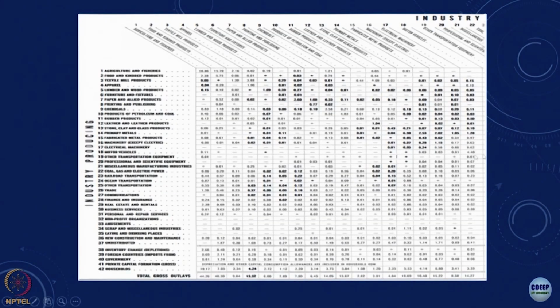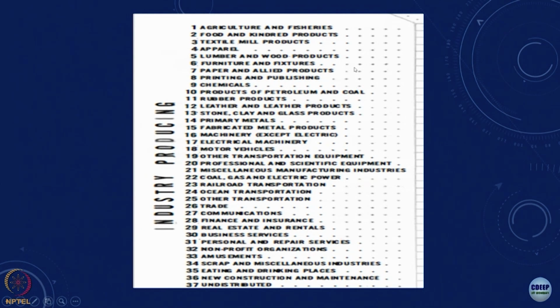This is not very clear here, there are small items and we will explain this. You can see this in the paper. There are a large number of sectors, and from one sector to the other sectors, these are the kind of industry flows. If you look at the types of sectors, we are talking of agriculture and fisheries, food and kindred products, textile mills, apparel, and so on.